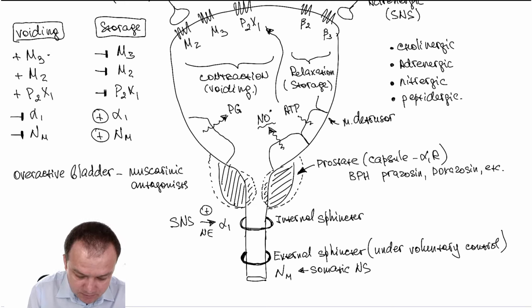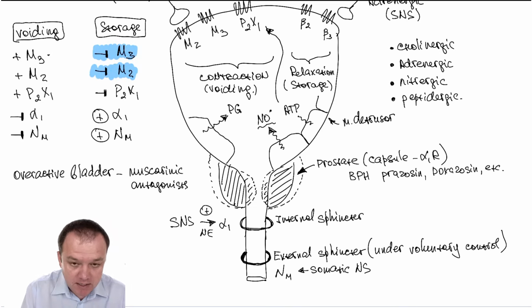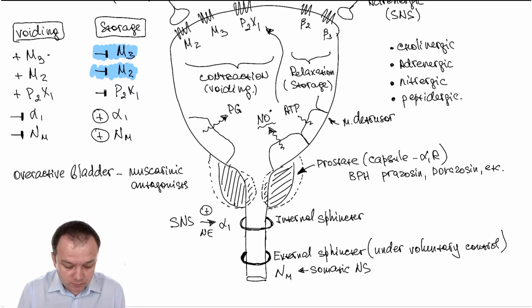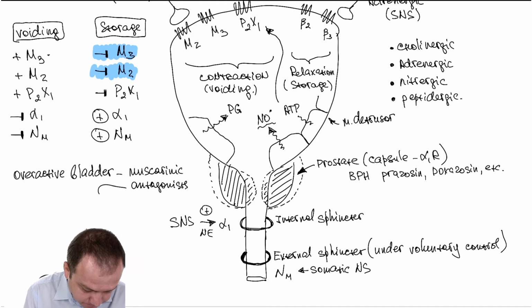Because their action will be similar to the storage phase, right? So we have blockade of muscarinic receptors, and we decrease excitation. But again, let's keep in mind that this is therapeutic usage, and overdosage of muscarinic antagonists may cause urinary retention.